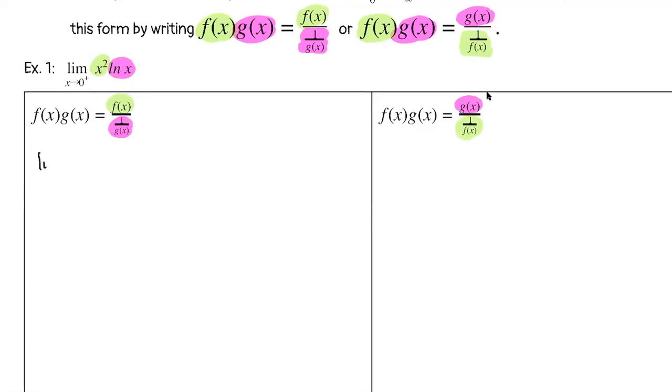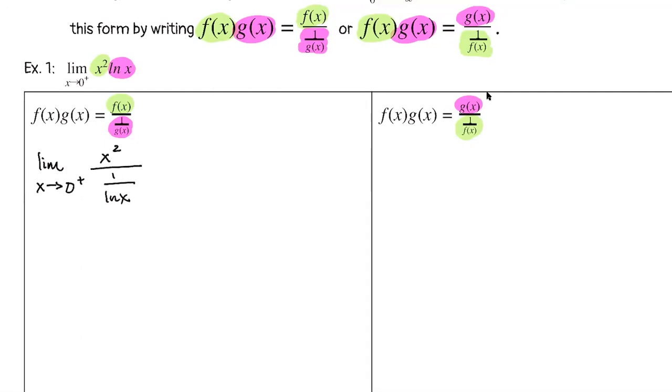So we've got the limit as x approaches 0 plus. What does that little plus sign mean, by the way? You're approaching from the right. Yeah, we're approaching that value from the right, exactly. And so we would write this as x squared over 1 over natural log.